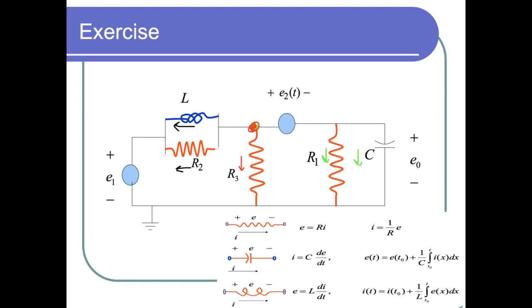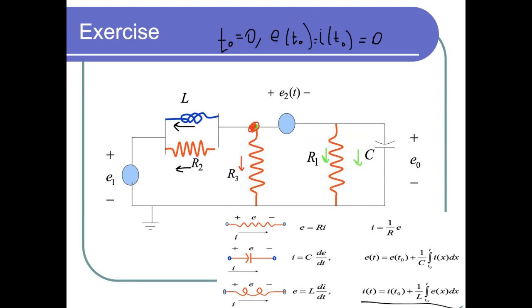Yeah, thank you. Okay. So now we have a current here through the inductor, and we use this formula. Let's assume t naught is 0 for simplicity, and let's assume e(t naught) is equal to i(t naught) is equal to 0, so we don't need to worry about initial conditions.